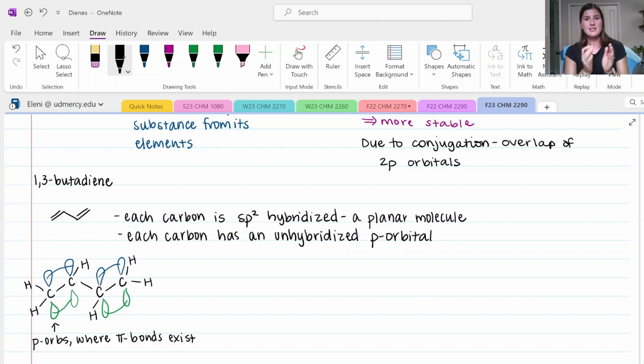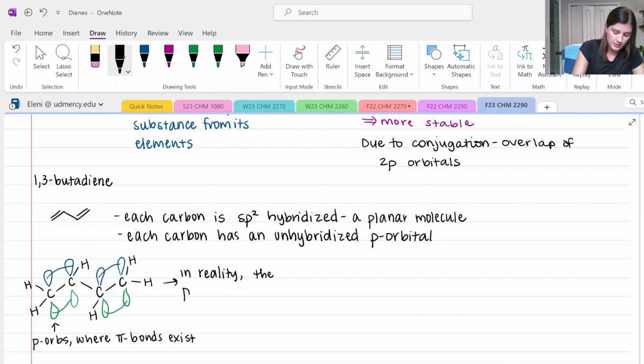So we draw them as the individual dumbbell lobes, but really they're overlapping. So in reality, the p orbitals overlap.